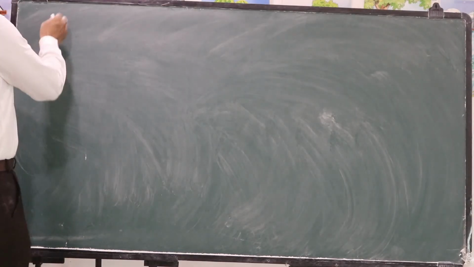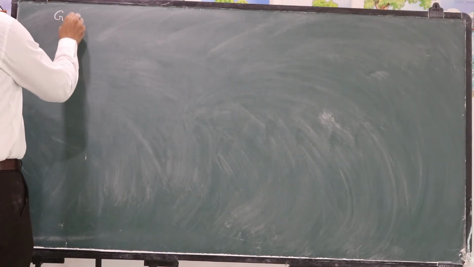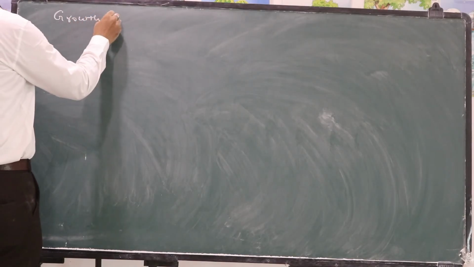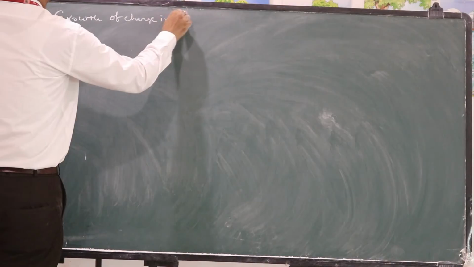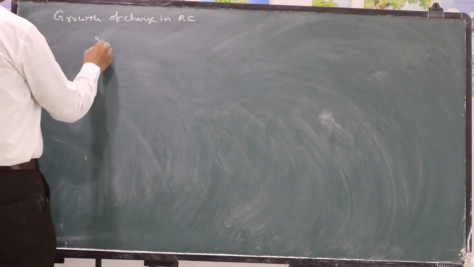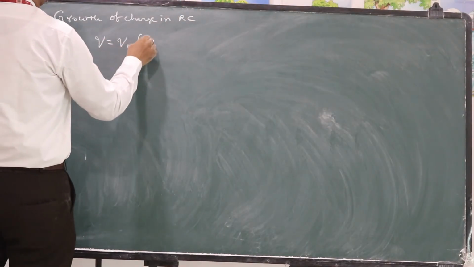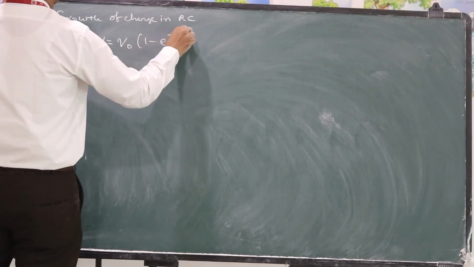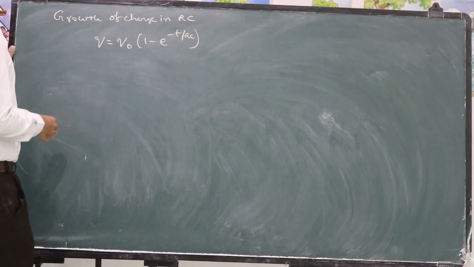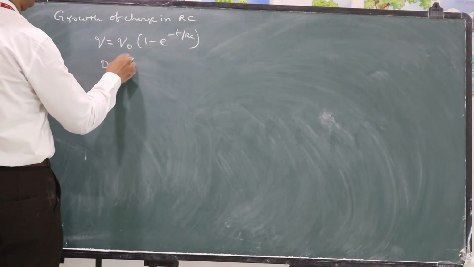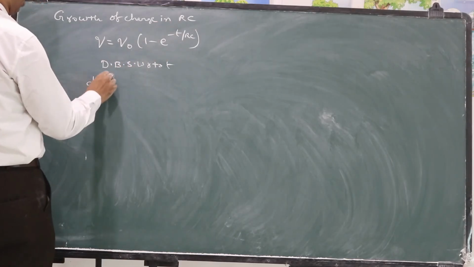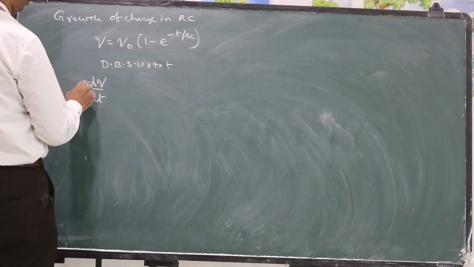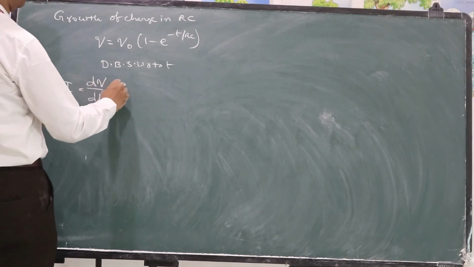Let us see the growth of charge in an RC circuit. It is given by Q equals Q0 into 1 minus e power minus t by RC. If I differentiate both sides with respect to t, I will get dq by dt, which is nothing but the current passing through the circuit.